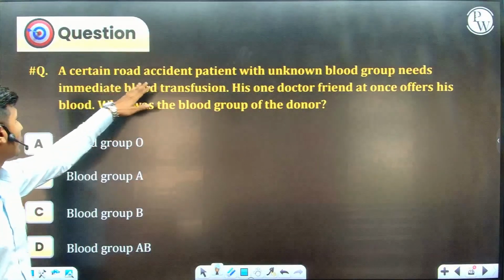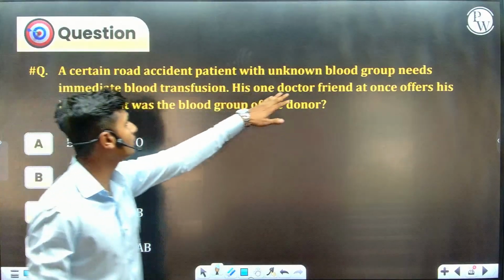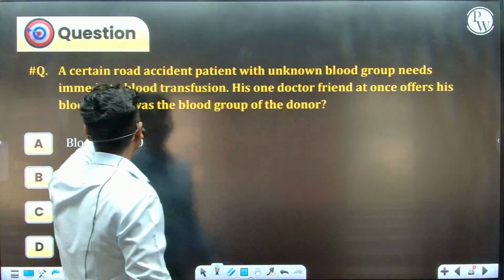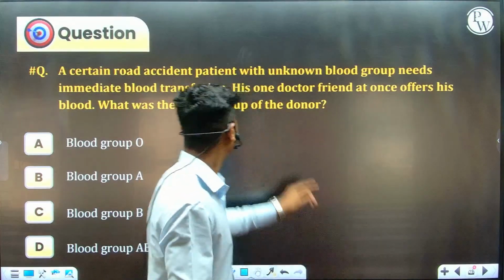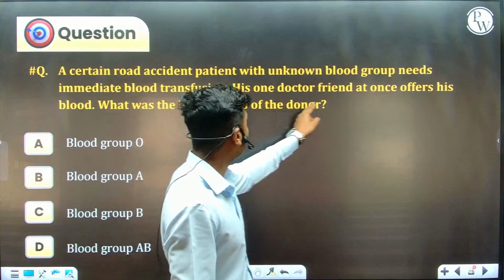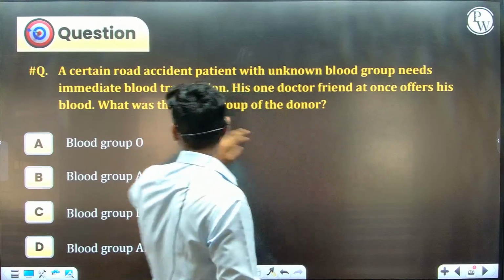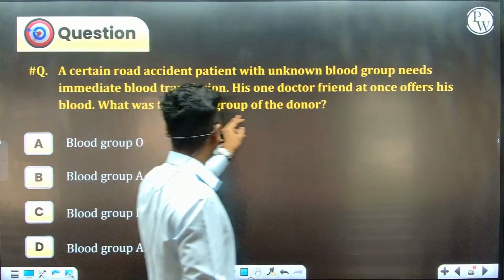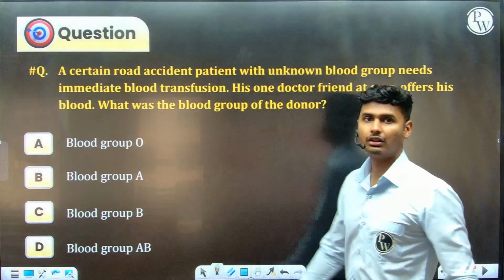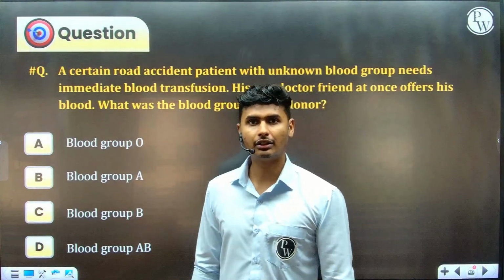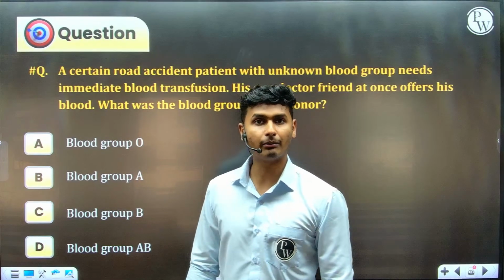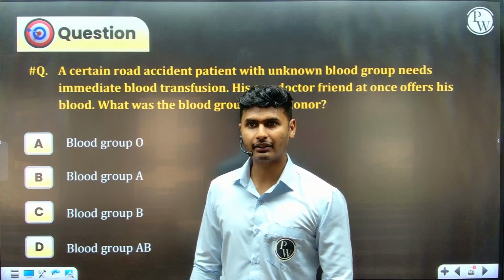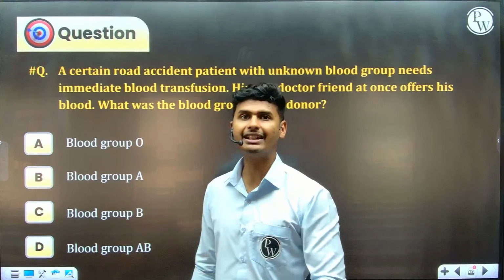A road accident patient with unknown blood group needs immediate blood. A doctor friend at once offers him blood. What was the blood group of the donor? Now we don't know the blood group of the patient, and we need to start immediate treatment.